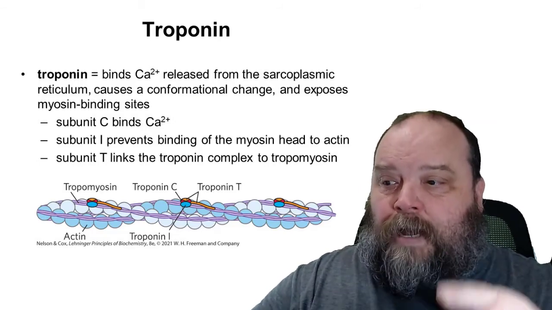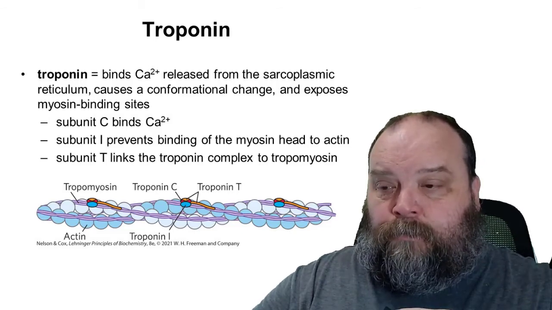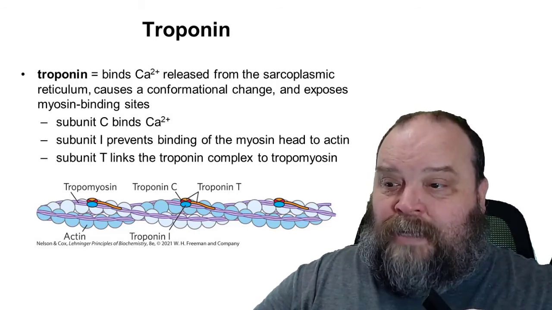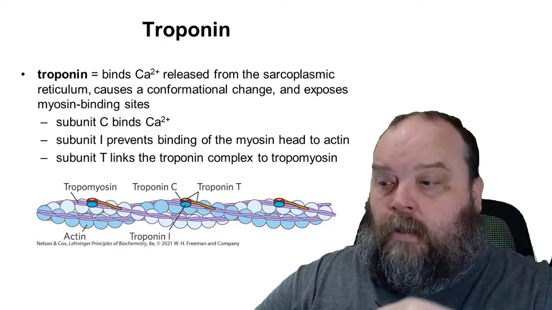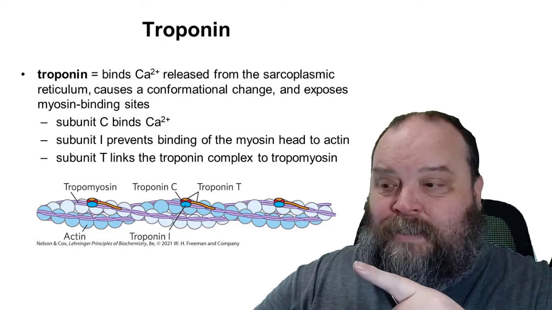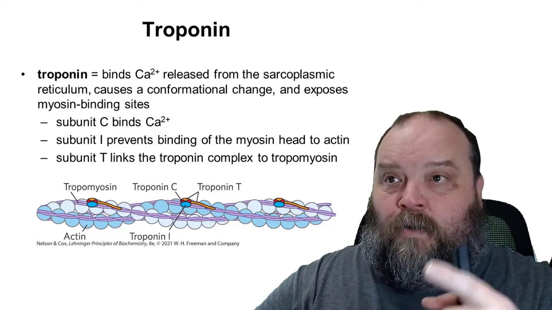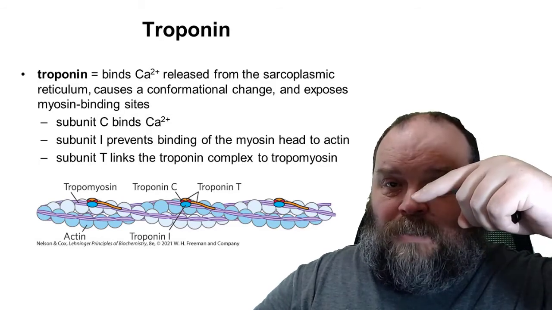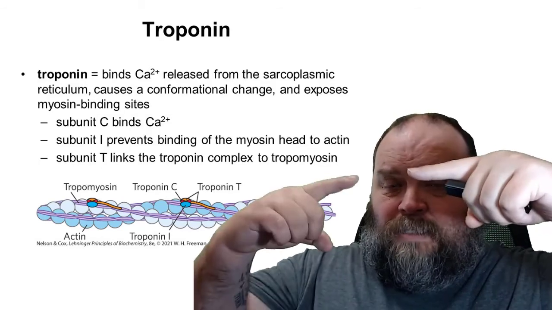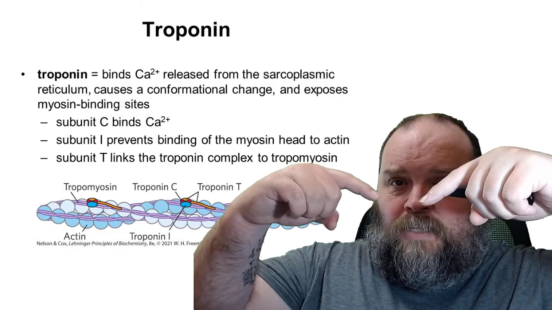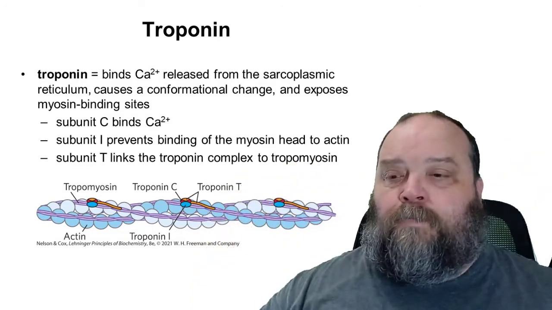Calcium binds to troponin, causes troponin to now be activated, interferes with tropomyosin. Tropomyosin can no longer stop the myosin heads from interacting with actin. ATP gets hydrolyzed. Boom. Actin gets pulled.